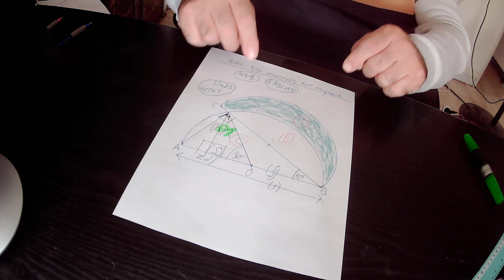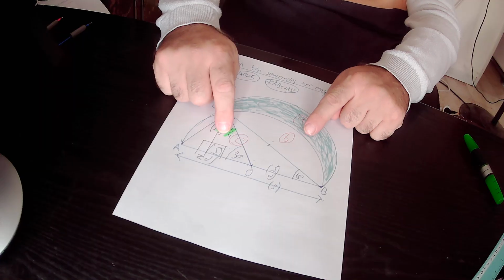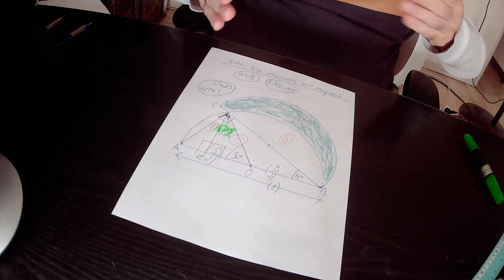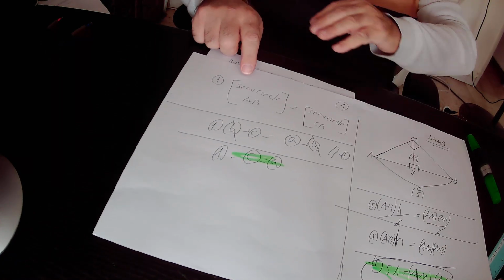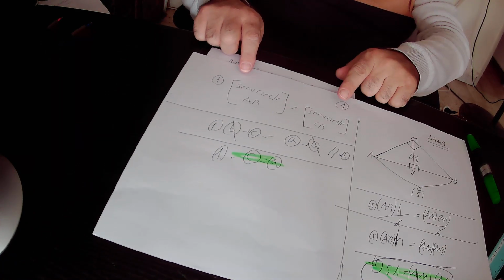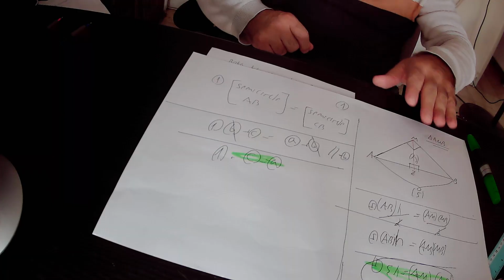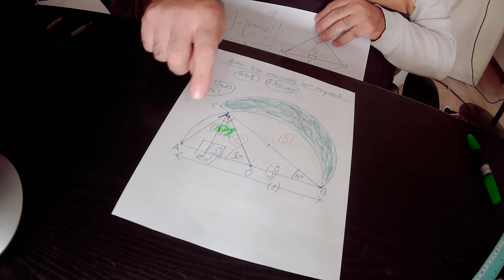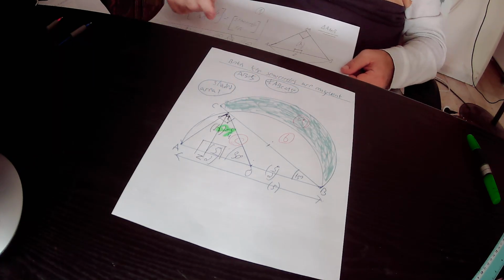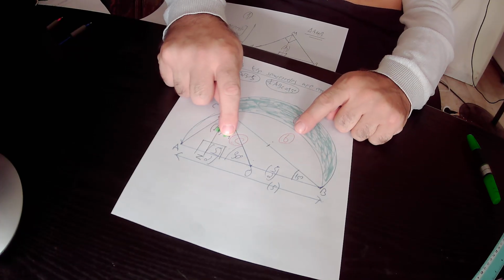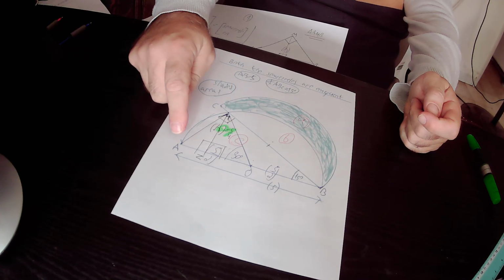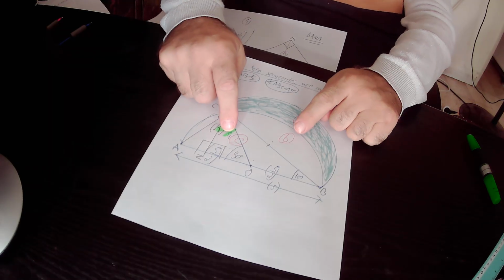Because those two semicircles can go into each other, they must also have the same areas. That is to say, the area of semicircle AB must be equal to the area of semicircle CB. What is the area of this semicircle AB? This semicircle AB consists of those two shapes. Therefore, the area of semicircle AB must be equal to the sum of the areas of those two shapes.